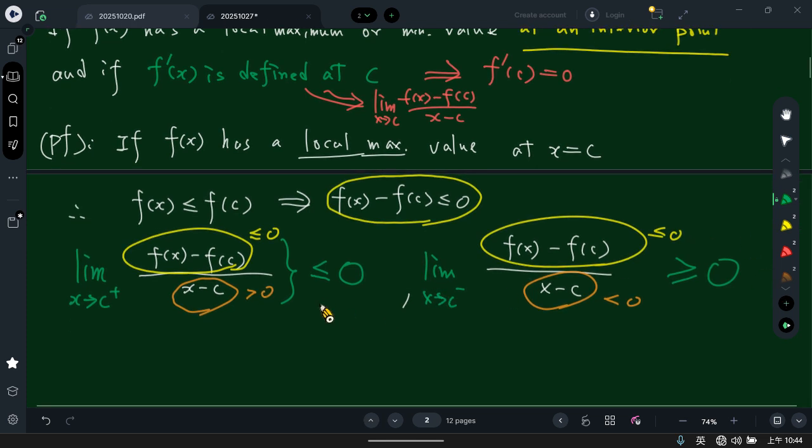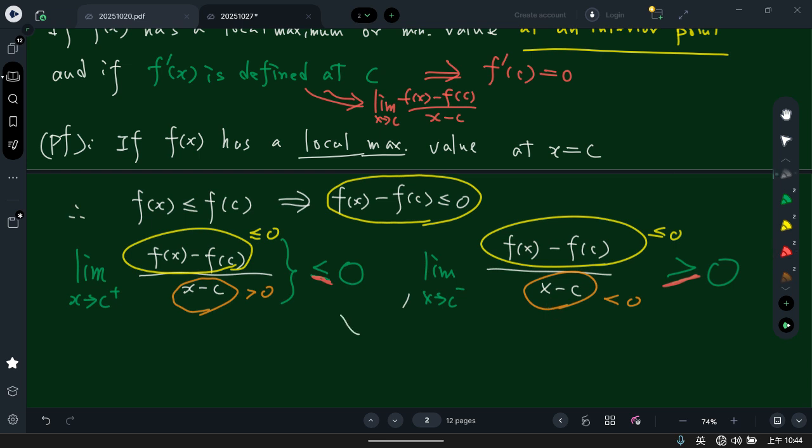So if we want to have its double-sided limit for this form, you can see the only common term is 0. Only equal, that means only 0 is possible.